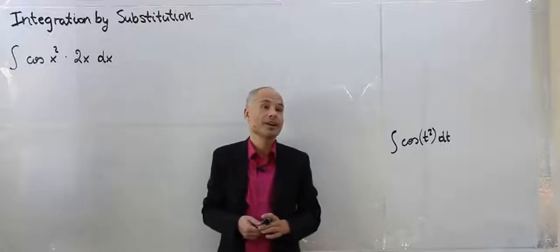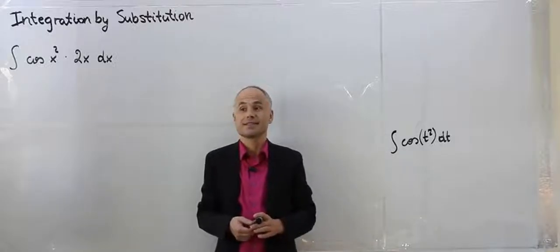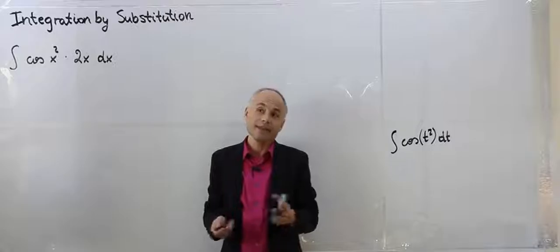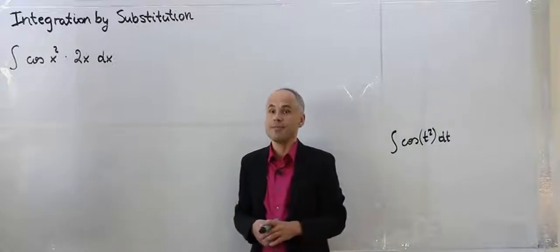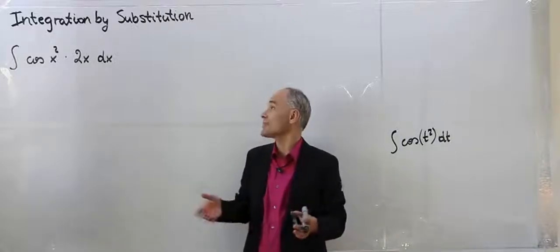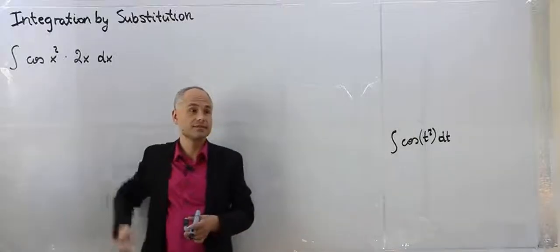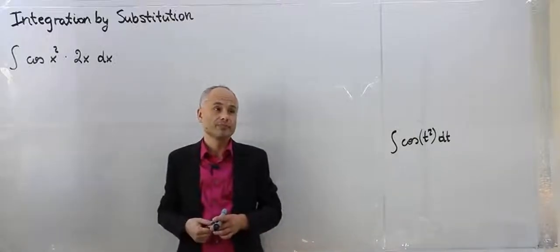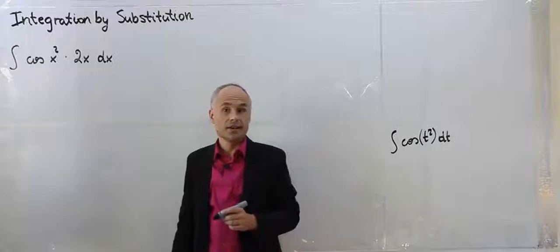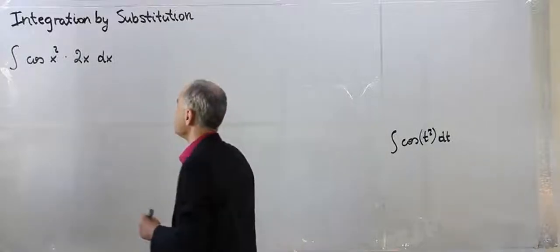Well, remember, an antiderivative of cosine is sine of x, so maybe a guess would be something with sine, right? Let's try sine x squared.